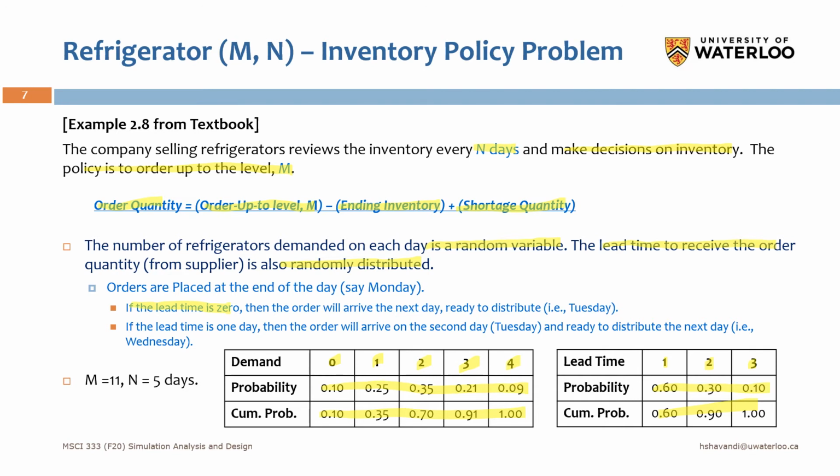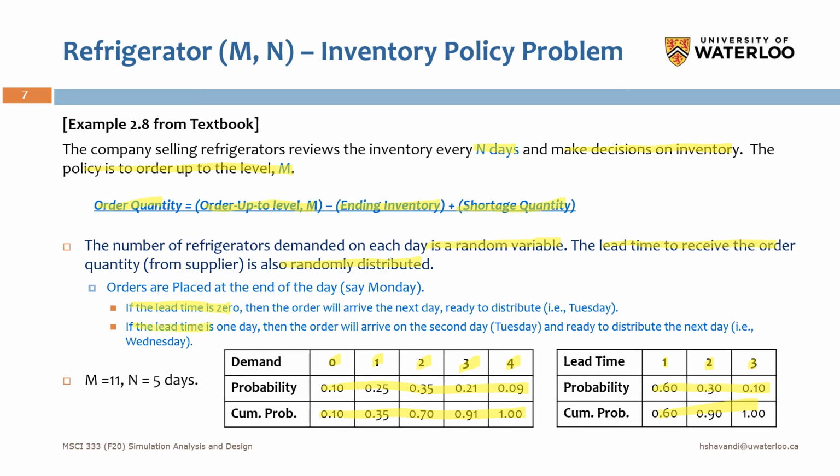But just in order to understand the discipline here, if the lead time is 0, then the order will arrive the next day. Why? Because we are placing the order at the end of the day, and if it's 0, this means that we receive the order right away, right? But since it's the end of the day, we can't add it to inventory, and the addition to inventory will occur at the beginning of the next day. Okay.